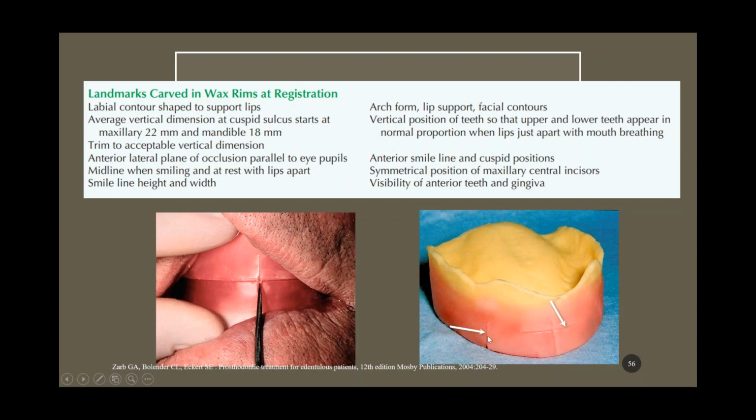This will determine the distal point of the canine, or this can be marked near the corner of the mouth. And a high lip line can be marked on the occlusal rim by asking the patient to smile. This will determine the visibility of the anterior teeth.